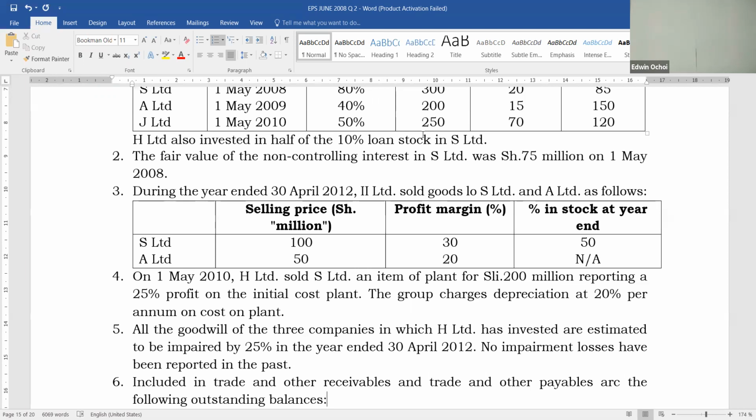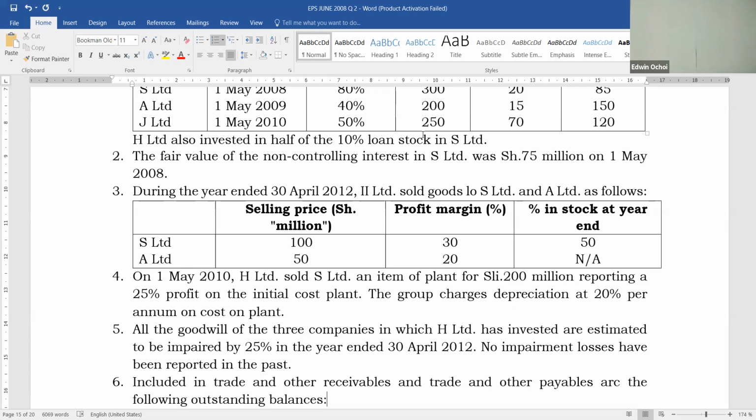So when you compute this goodwill, we say that goodwill is purchase consideration minus share of net assets acquired.